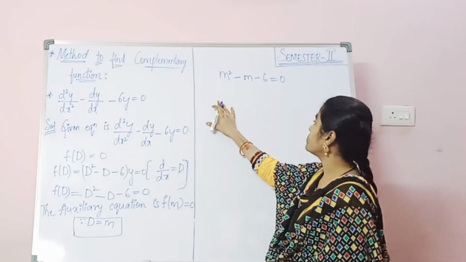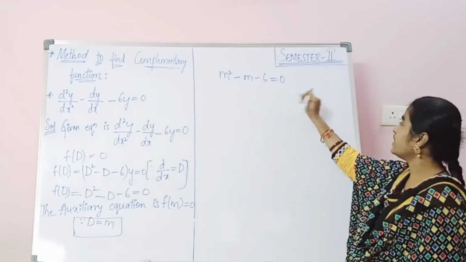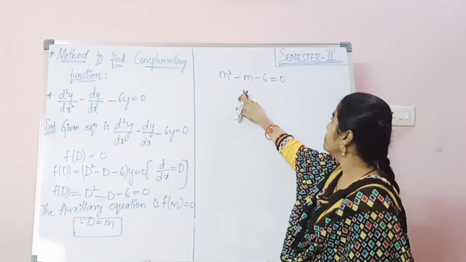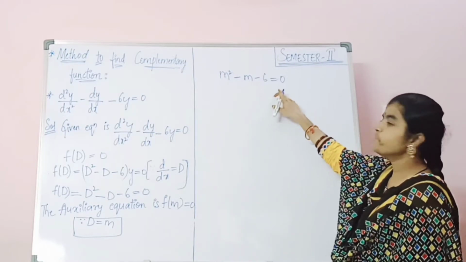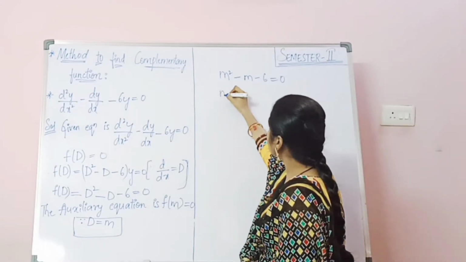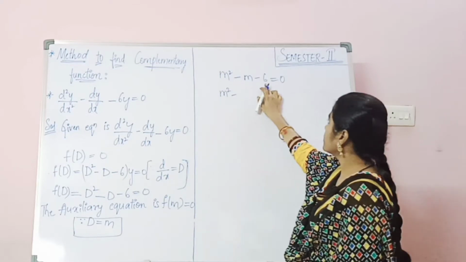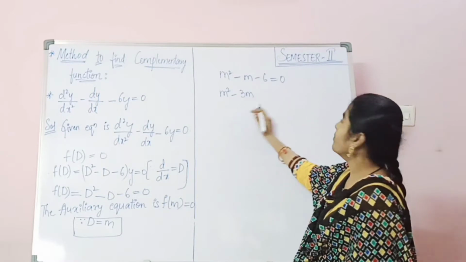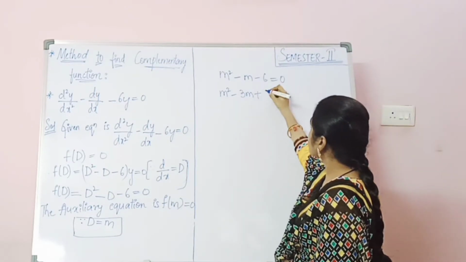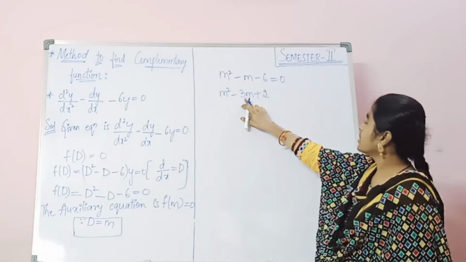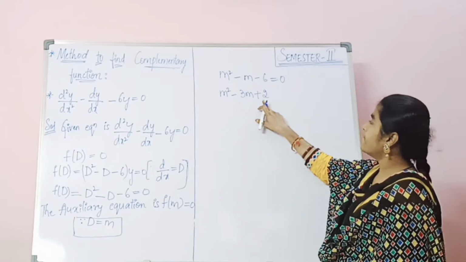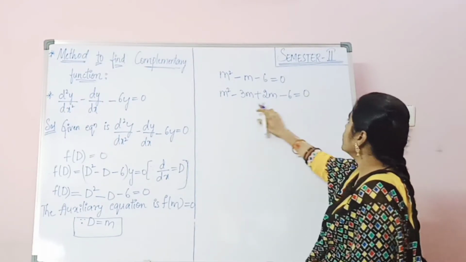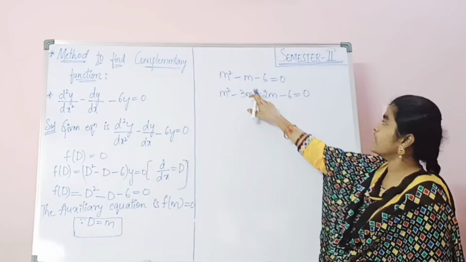Now, according to step 3, we have to find the roots of this auxiliary equation. m square minus m minus 6 equals 0. Since 3 twos are 6, we write minus 3m plus 2m, which gives minus m.